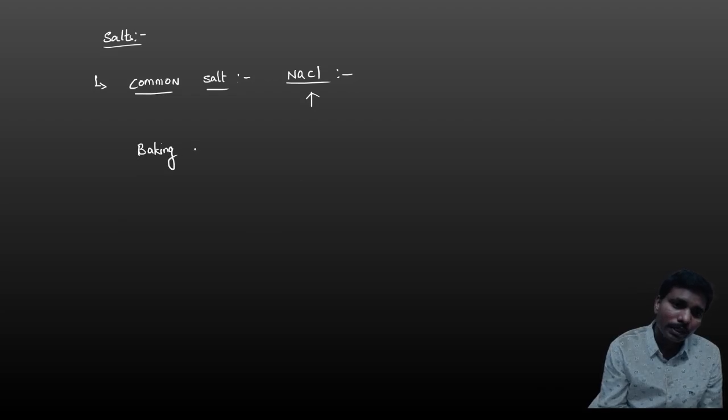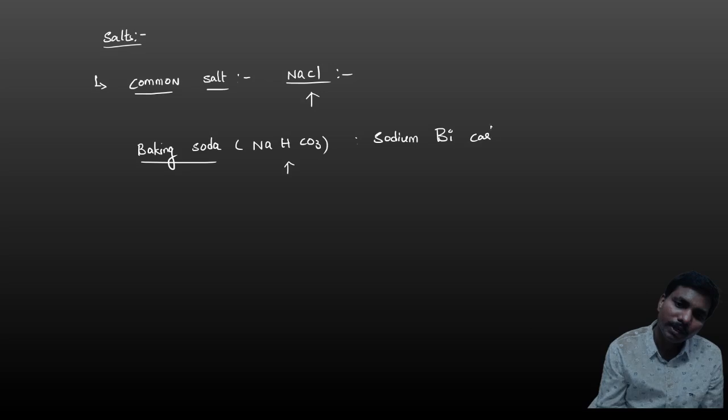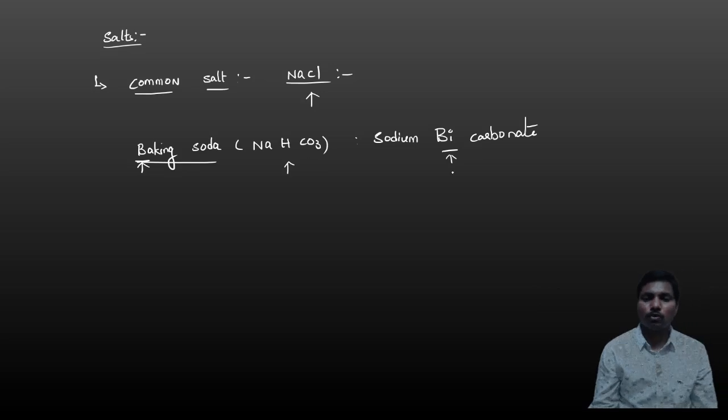Baking soda is one of the bases. Baking soda is sodium bicarbonate, NaHCO3. H for hydrogen, or bi. These are very important for exams. So remember, B for B: baking soda, sodium bicarbonate.